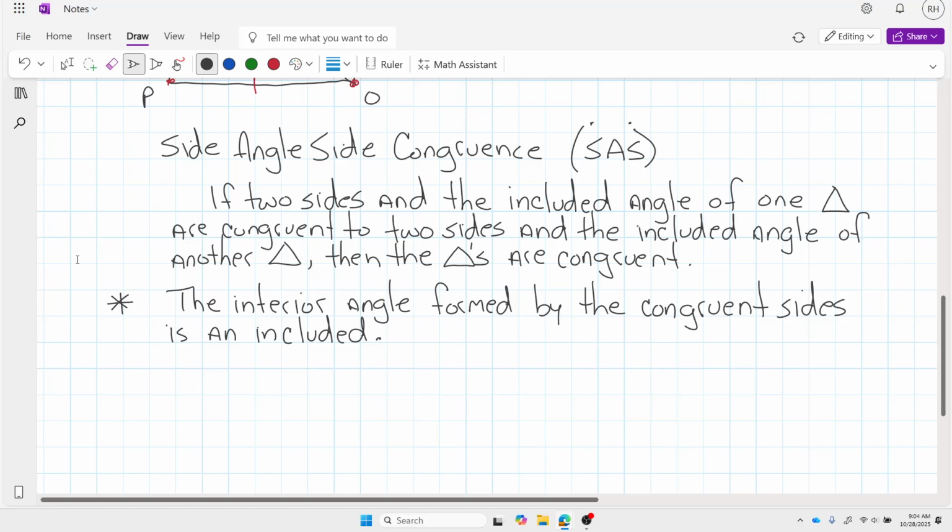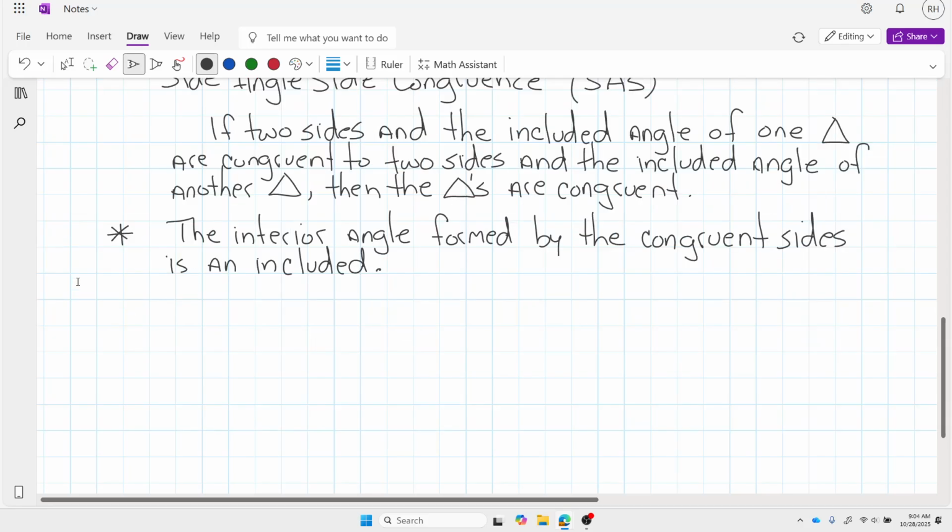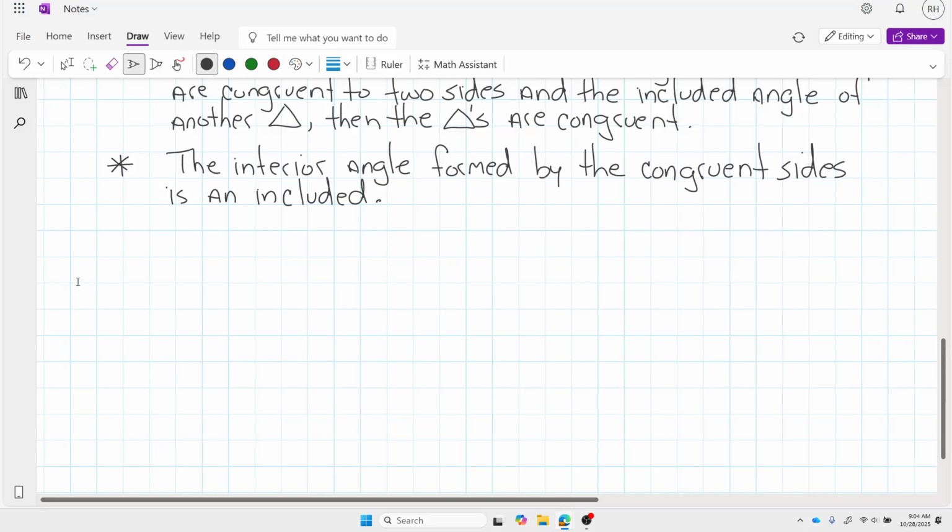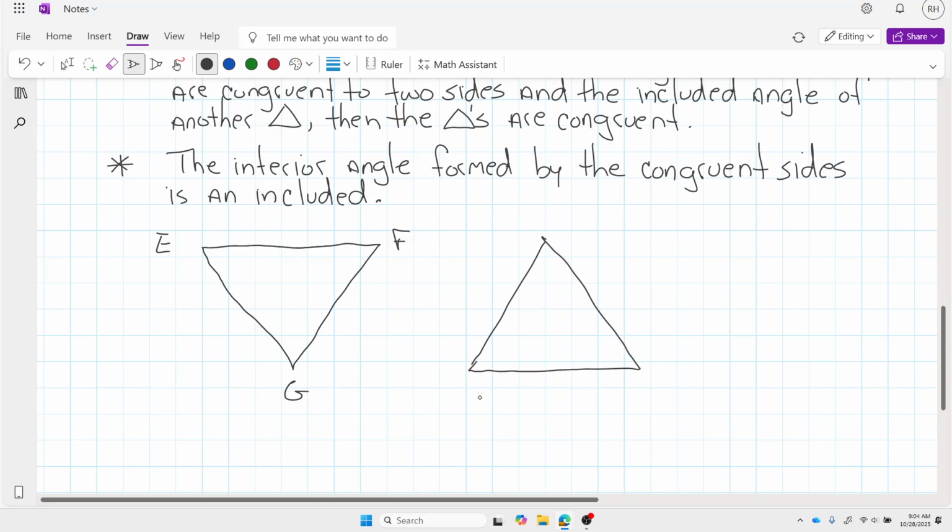So let's do this. Are the triangles congruent? If so, write a congruent statement. So let's take this triangle here, and we'll call it EFG. And then we've got triangle MNO. And let's say you're given this information.